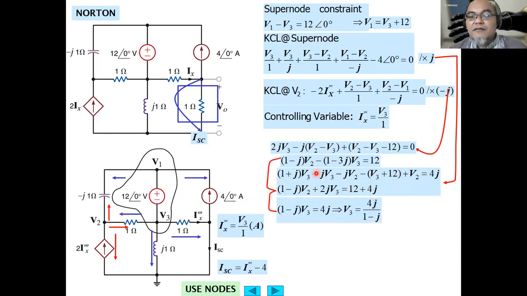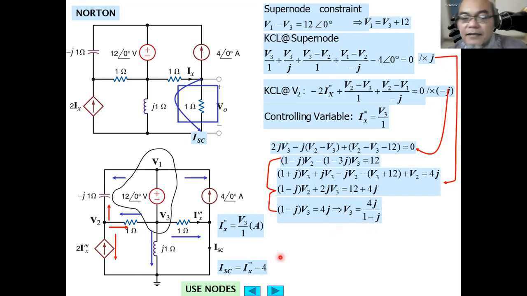From here we have two equations, both having two unknowns, V3 and V2. By substituting and eliminating the V2 variable, we obtain 1 minus J V3 equals 4J. So the V3 value equals 4J divided by 1 minus J, and hence Ix triple dash equals 4J divided by 1 minus J ampere.